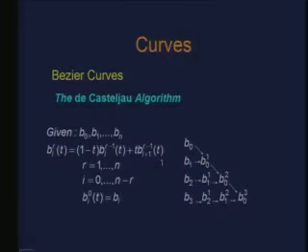So, if you look at the way this computation is going on in the case of the example of a cubic curve, you observe that you have some sort of a triangular array being formed. So, this and this gives you this and so on.